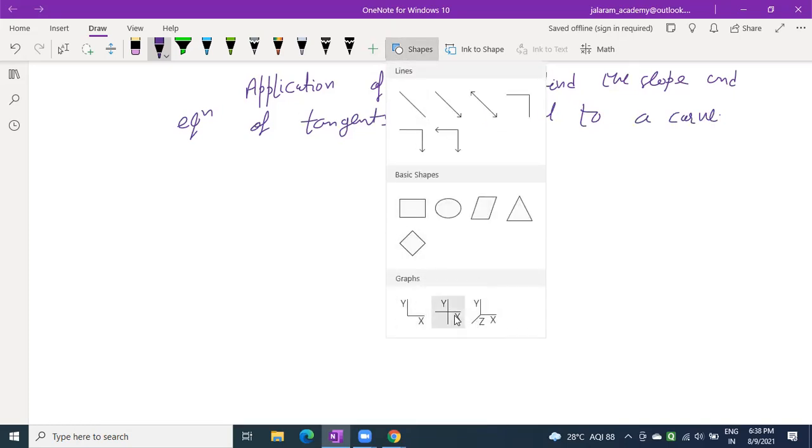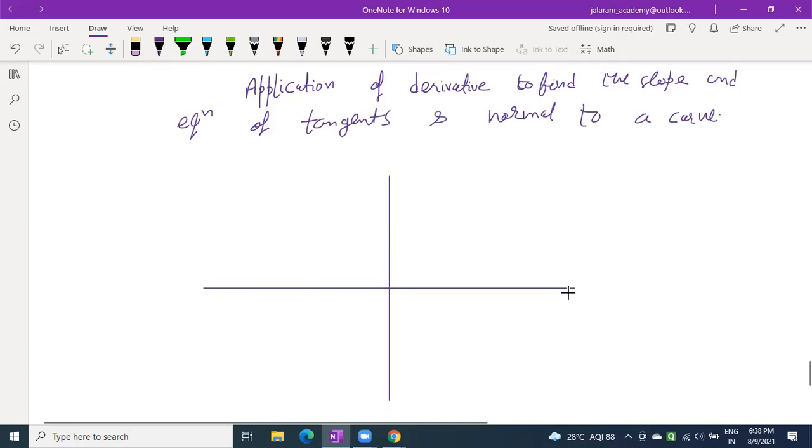Before this, in differentiation, we have studied that differentiation means what? So if we draw a curve like this, okay? And this is the point at which we draw a tangent.